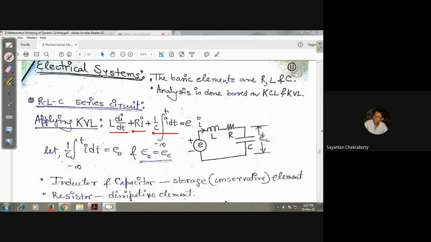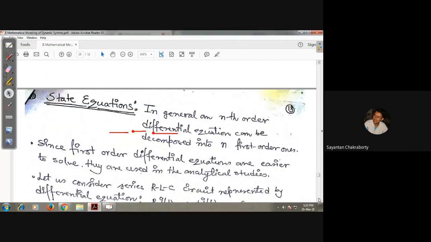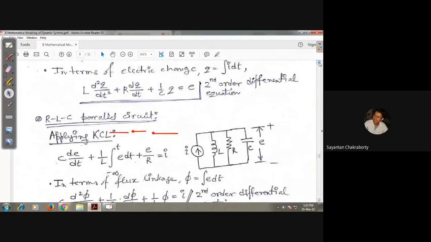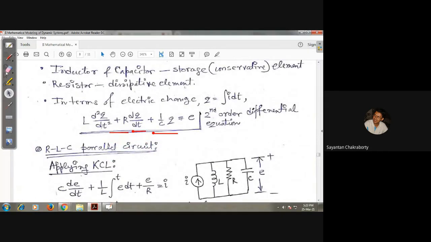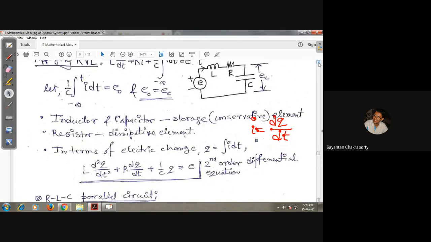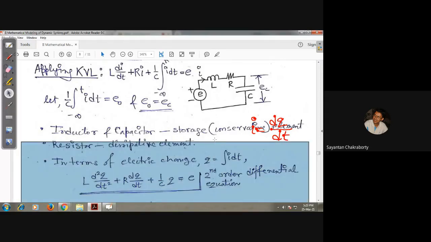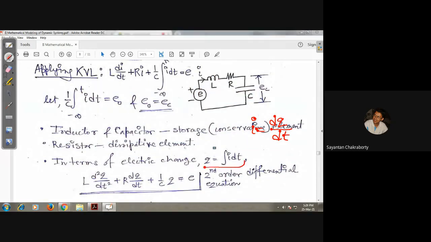Now, if we consider the fact that the current is nothing but the rate of charge accumulation, and charge is nothing but integration of i dt, then following these two relations in this equation, what will you ultimately get?